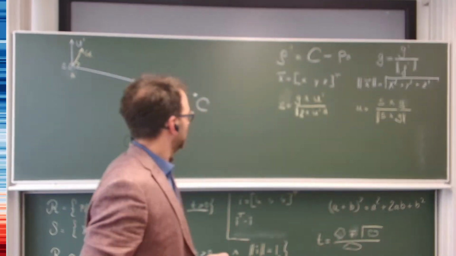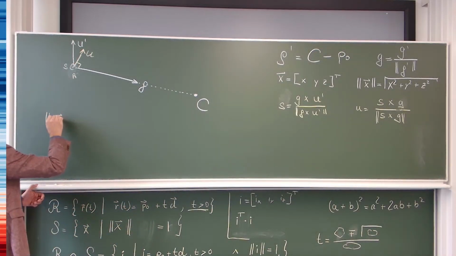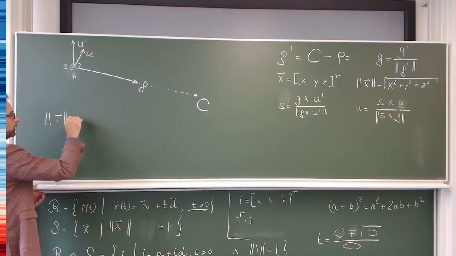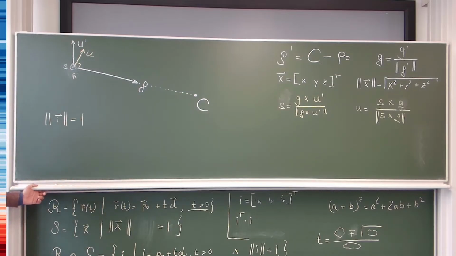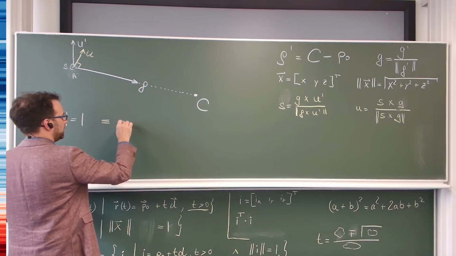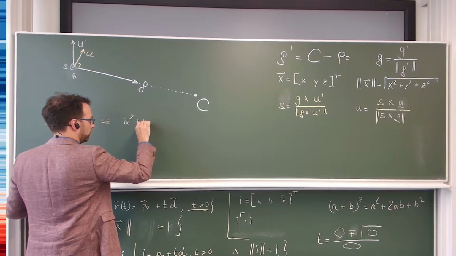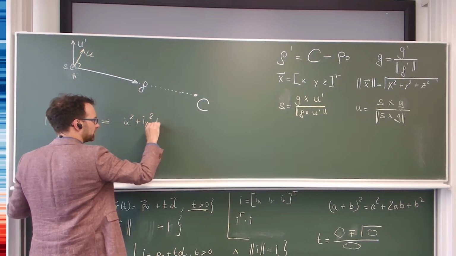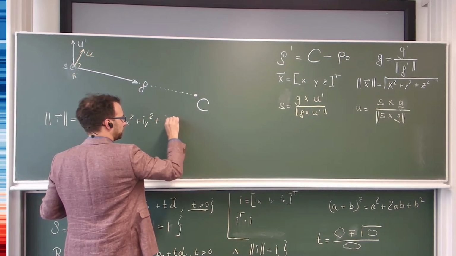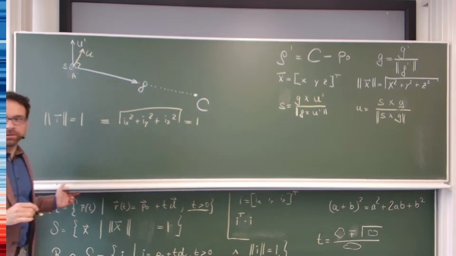Terrible noise. Okay, so why could I say if I have I, now I'm going to draw the vector arrow, if that is 1, then this is pretty much the same as saying ix squared plus iy squared plus iz squared, square root of this equals 1.